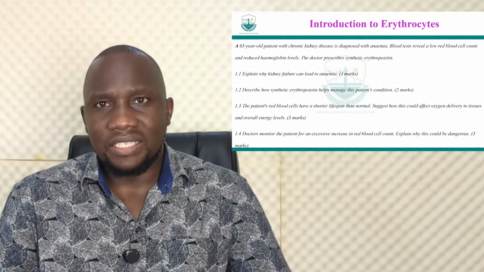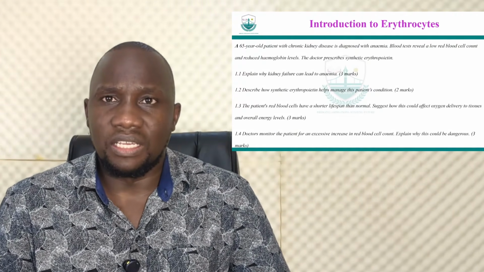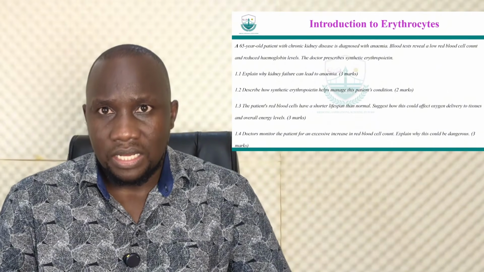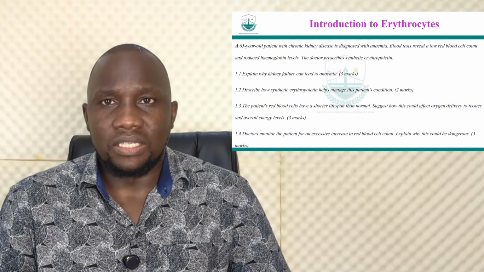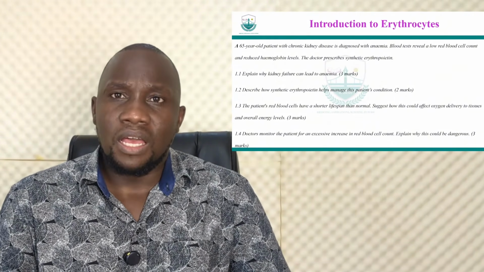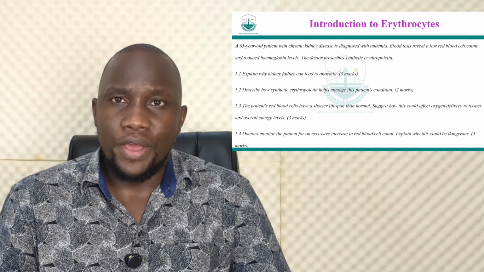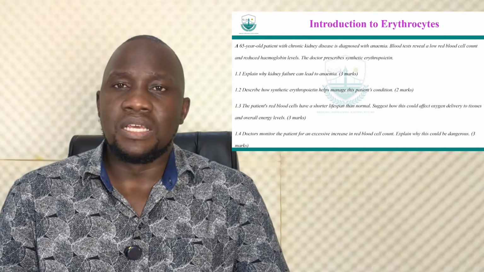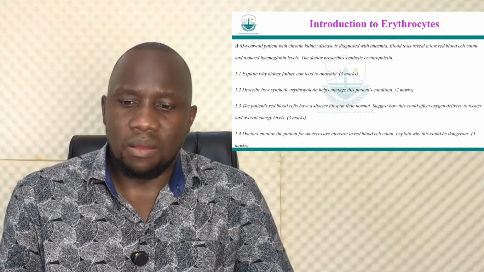And then the last part is that while the doctor is giving this synthetic erythropoietin, they are monitoring the patient's red blood cell count. Can you explain why, when the red blood cell count increases so high, it becomes a problem?